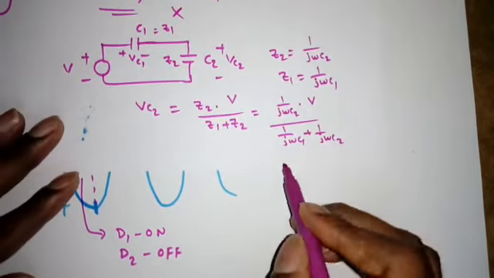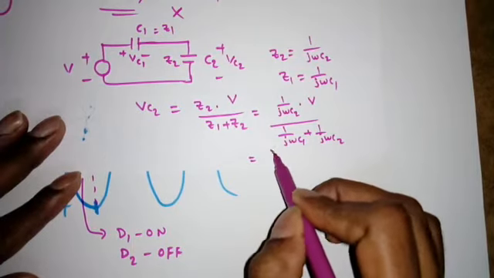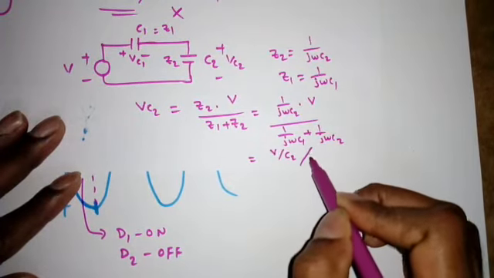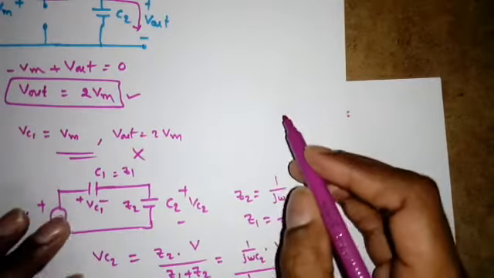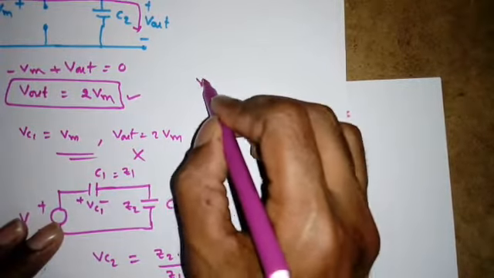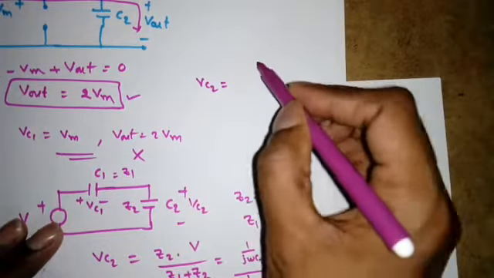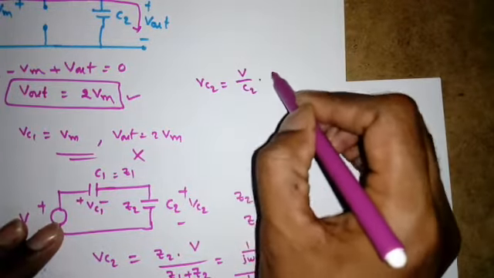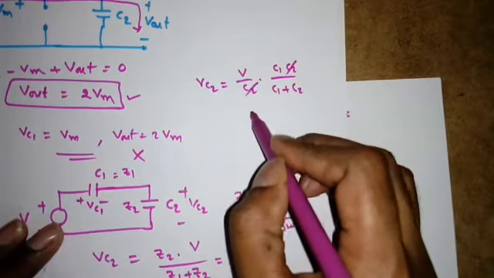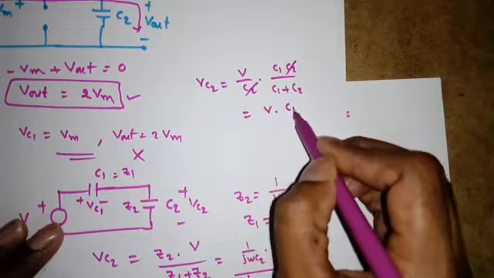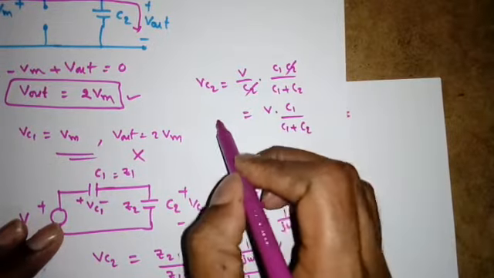If I cancel out j omega, this will be V by C2 by 1 by C1 plus 1 by C2. So VC2 will be V by C2 into C1 C2 by C1 plus C2. So what is this? V into C1 by C1 plus C2.